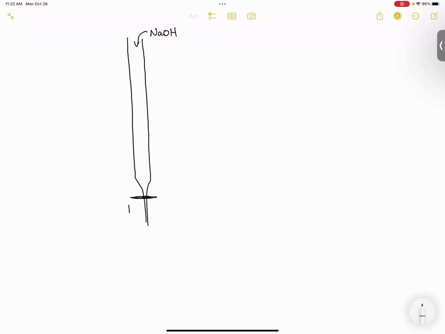That burette was inserted into an Erlenmeyer flask that contained oxalic acid dihydrate, and phenolphthalein, which was the indicator.